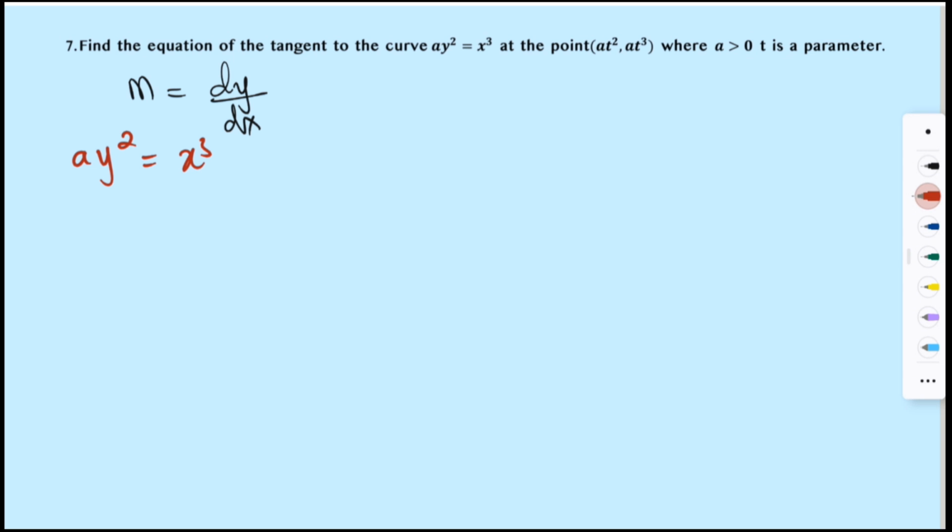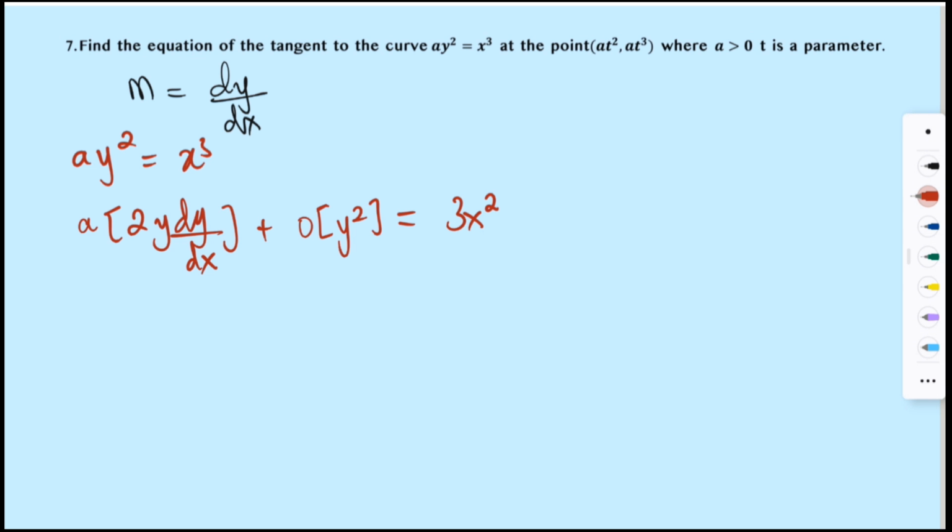So this would be a, we keep that constant, then we differentiate y squared, so it's going to be 2y dy by dx, plus the derivative of a is 0, then we keep y squared constant, equals the derivative of x cubed, which is just 3x squared.